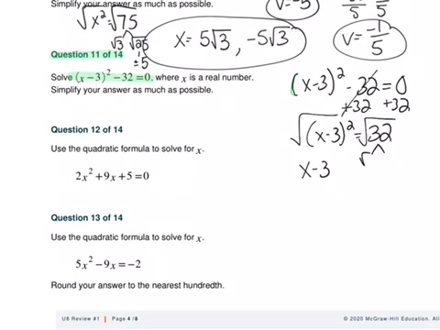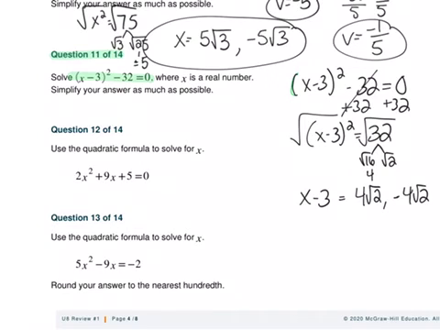So this can be broken down into square root of 16 and the square root of 2. But the square root of 16 is 4. Okay? So when we rewrite our equation down here, we have x minus 3 left because all I did was get rid of the square equals 4 square roots of 2 and negative 4 square roots of 2. Always two answers there, a positive and a negative, okay?